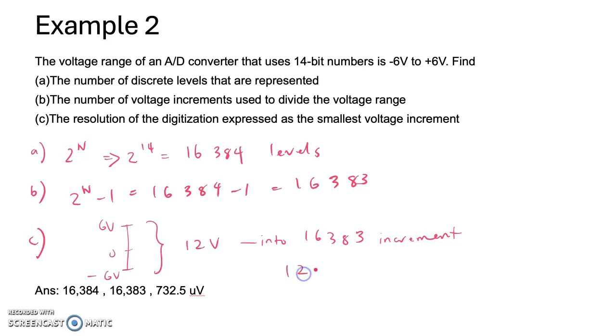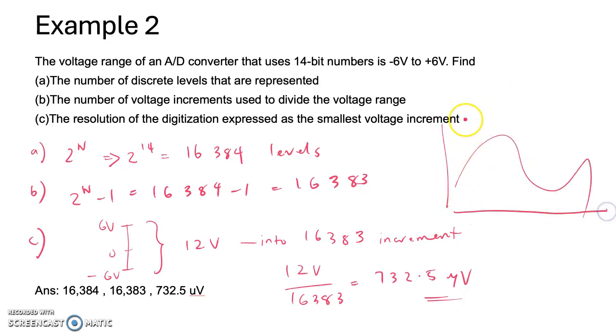Basically it's just 12 volt divided by 16,383, and this would give you 732.5 microvolt. So if I have an analog signal and I'm digitizing it, each level corresponds to 732.5 microvolt.